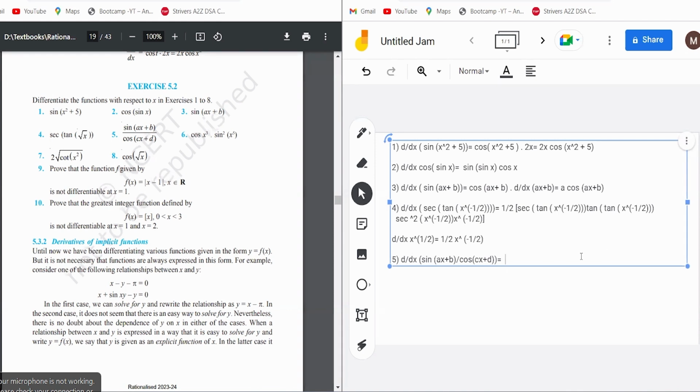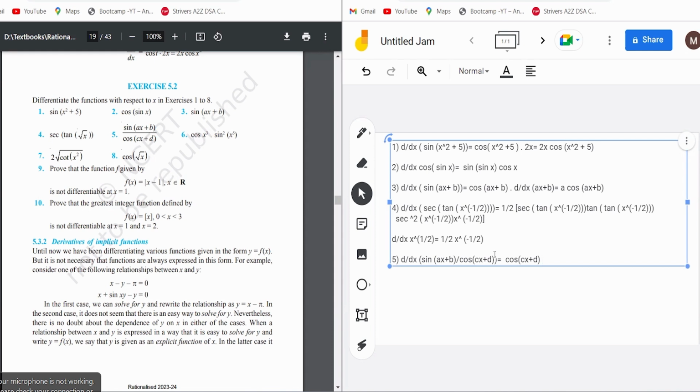So let us do it using the quotient rule. Firstly I'm writing the numerator, then I will write the denominator. So how to write the numerator? Denominator as it is, cos of cx plus d, multiplied by differentiation of numerator. What is the differentiation of numerator?